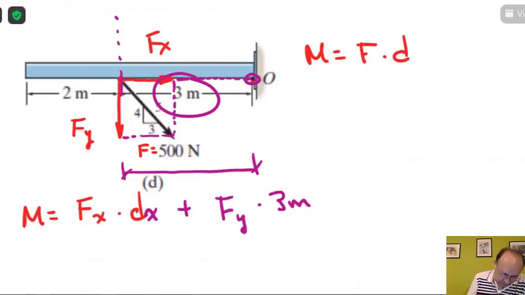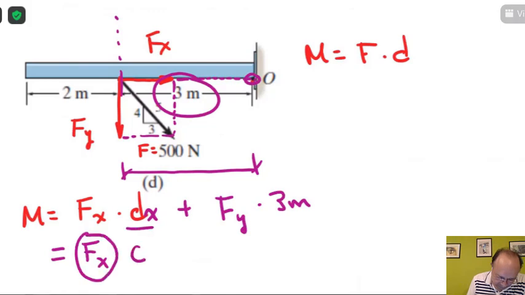So let's continue doing it here. The moment is equal to Fx. We don't need to calculate Fx because we know that this distance is 0. So this moment really doesn't exist, no matter what value the x component has. Now the force Fy, we can get it from this triangle here.